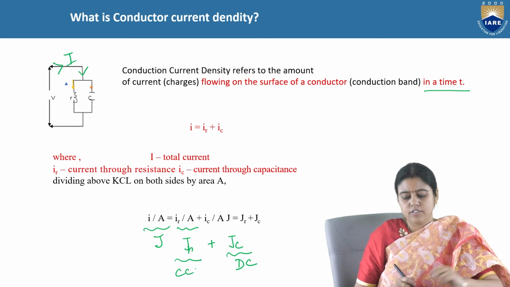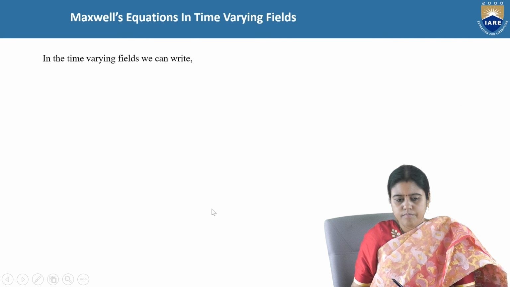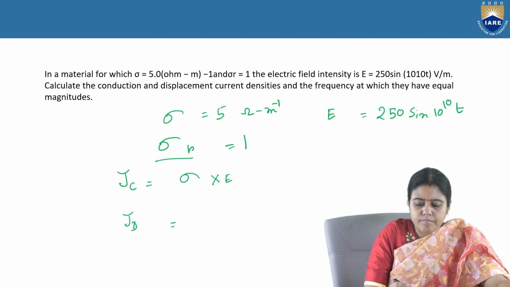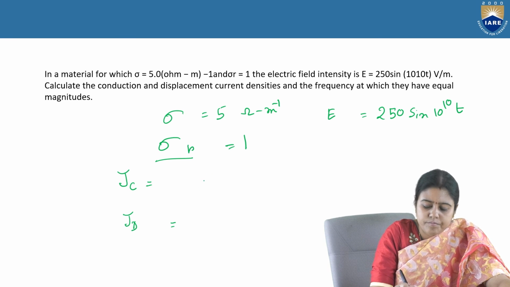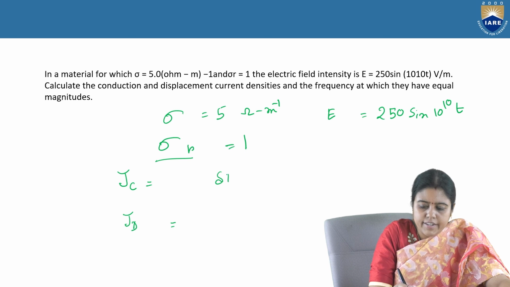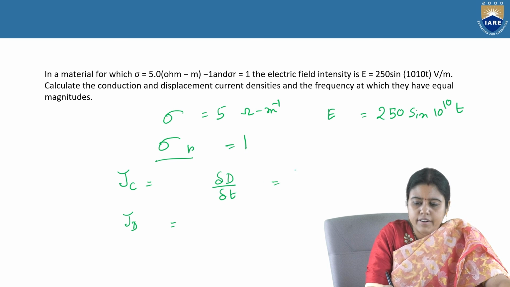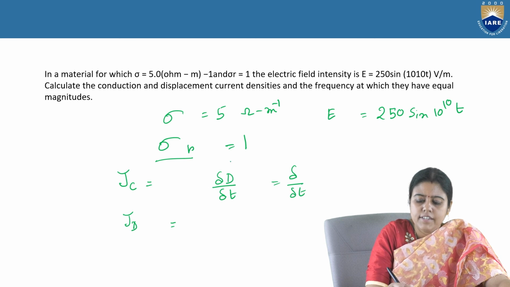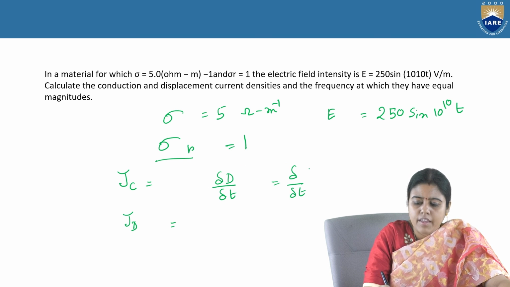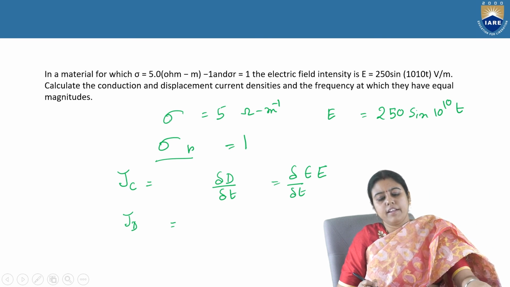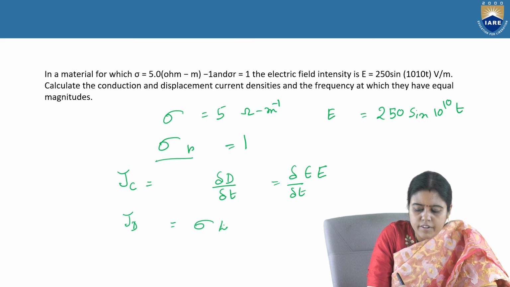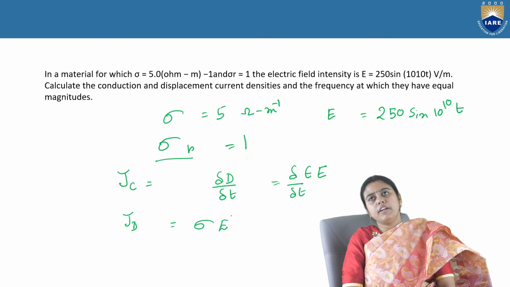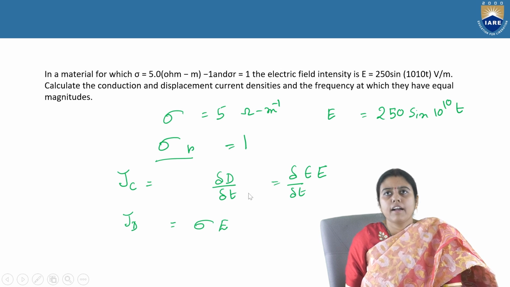We can calculate like this also. D is nothing but epsilon into E. So if we calculate these two, we can get the current.